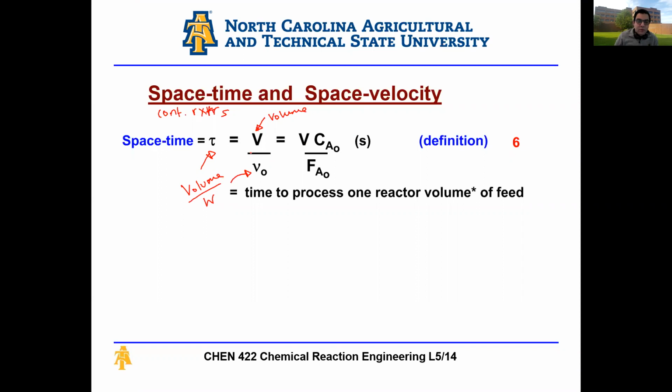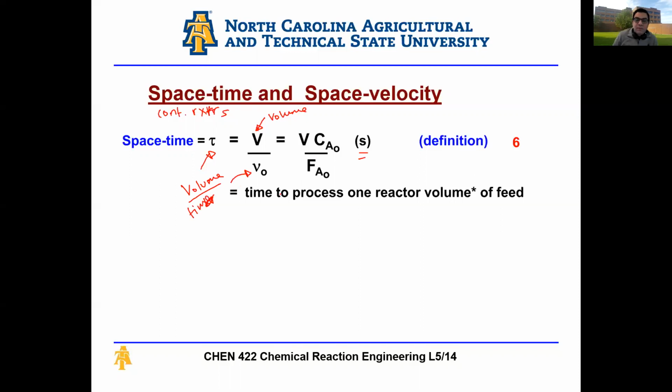If you do this calculation, you find that the units for space-time are hours, or seconds. It's units of time. So volume divided by volume per time could be hours, seconds, whatever it is.